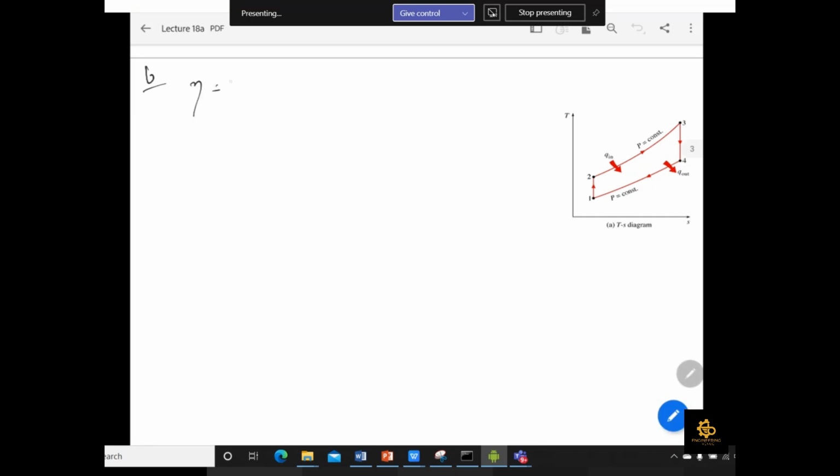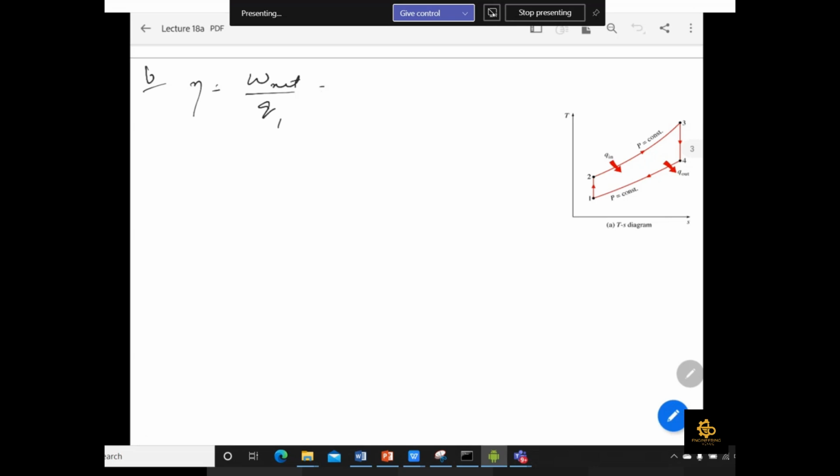For part B, the required thing is to find the efficiency of the cycle. For efficiency, you already know that we have W net over Q in.